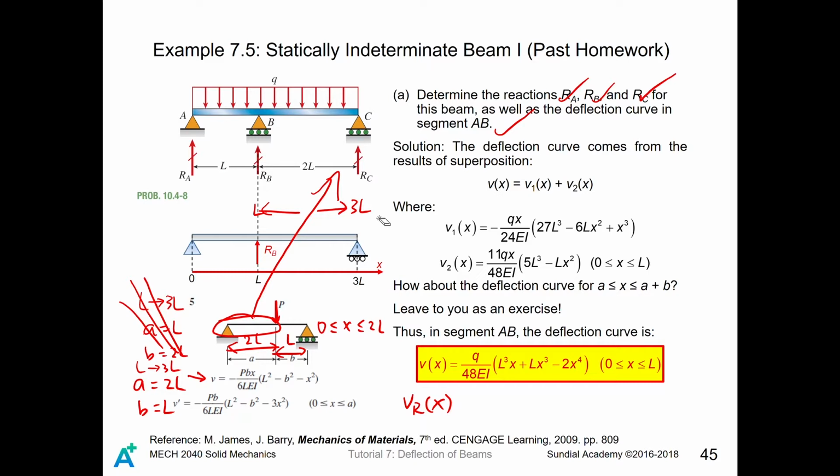In other words, after you obtain the deflection curve by using this configuration on the left-hand side, you have to move this curve. Say we have a curve, something like this. You have to move this curve to the right. But it is still not the end. You still need to flip this function so that it propagates in the right direction. So it will be left to you as an exercise.